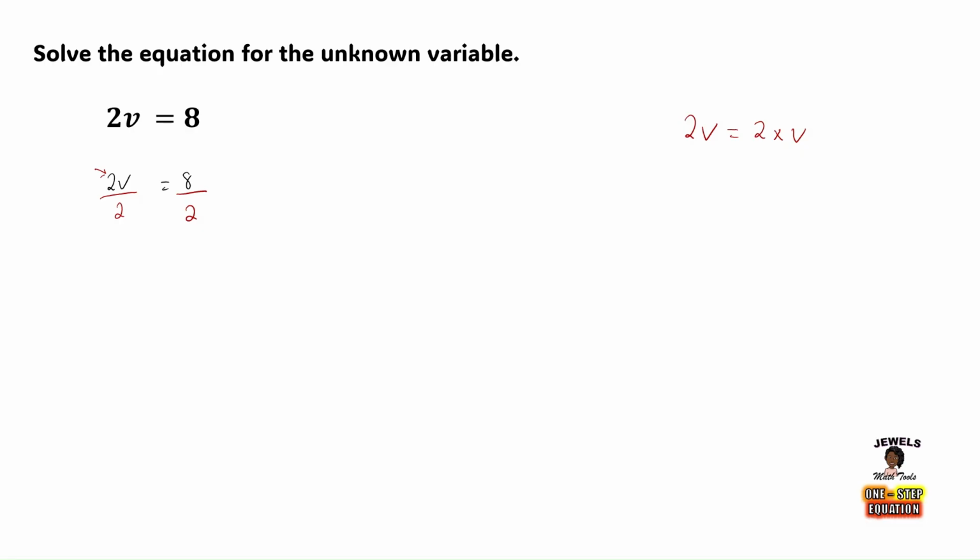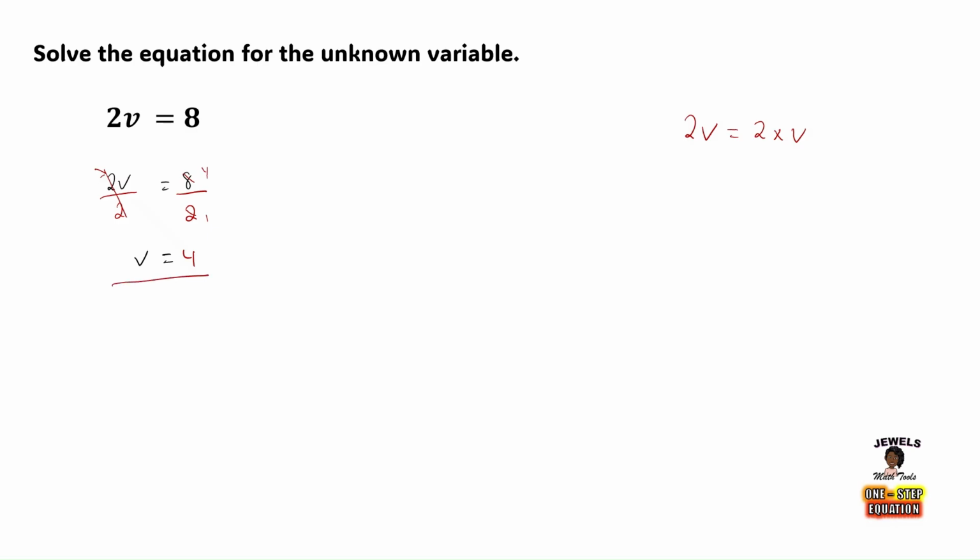So when 2 divides into 2, this will leave us with just our v. So we will return our v back to our equation on the left-hand side. And on the right-hand side, we have our 8 being divided by 2, which is equal to 4. So for this equation, our v is equal to 4.